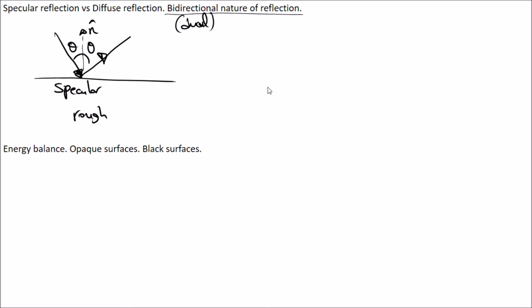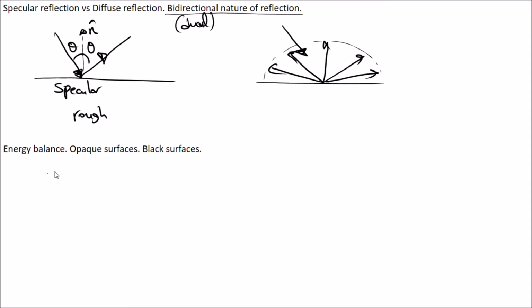But for rough surfaces, an incident radiation is reflected in all directions in the same amount, in a diffuse manner. These are called diffuse reflection. Therefore, for one incident radiation, you can have different possibilities, and it is called the bidirectional nature of the reflection.